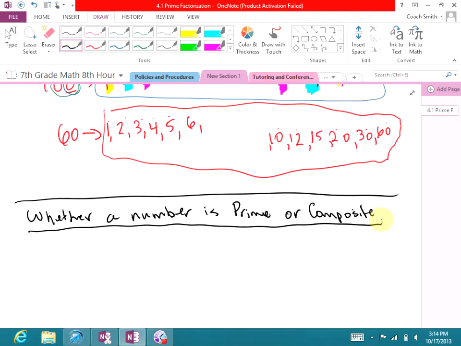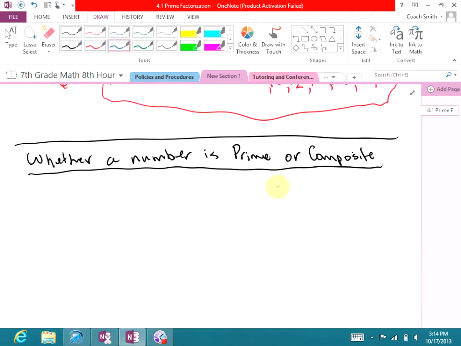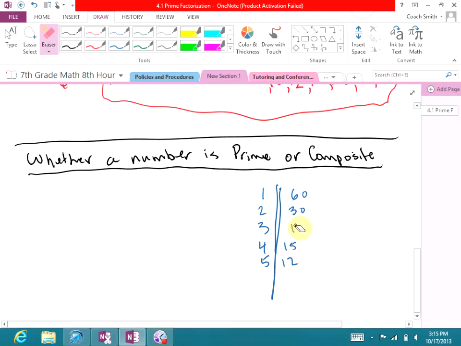Yeah. We did this where we went 1 and 60, 2 and 30, 3 and 20, 4 and 15, 5 and 12, and 6 and 10. Yeah, you can do that because you just go around it like that. If that's easier for you, then most definitely do that to list the factors.